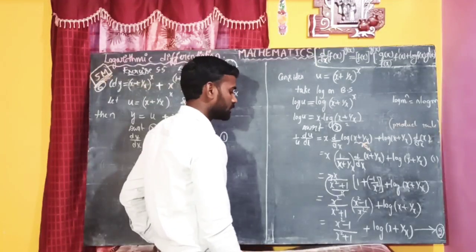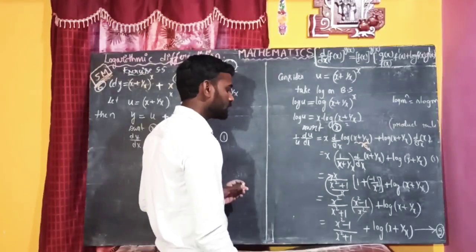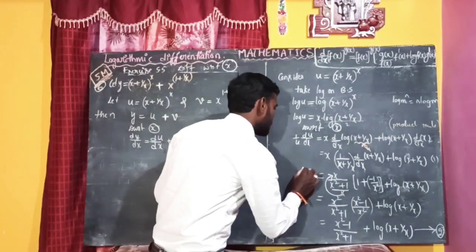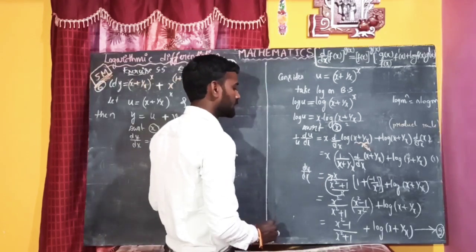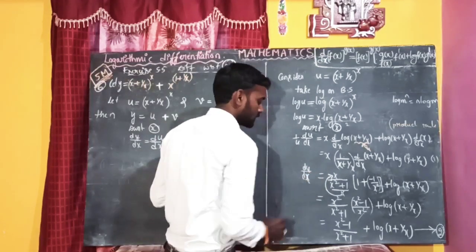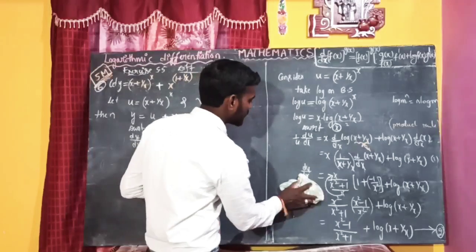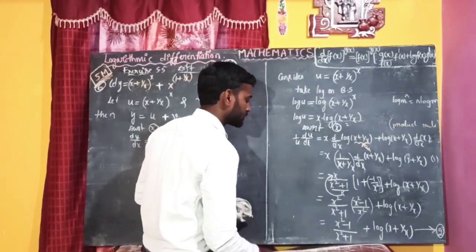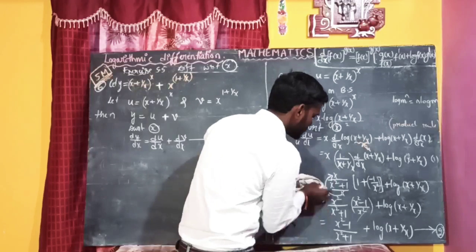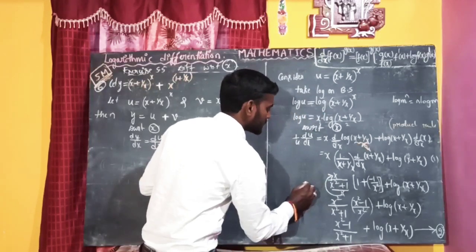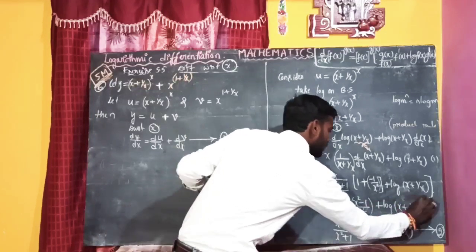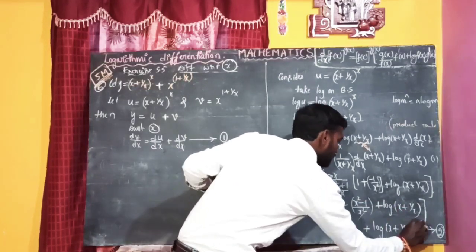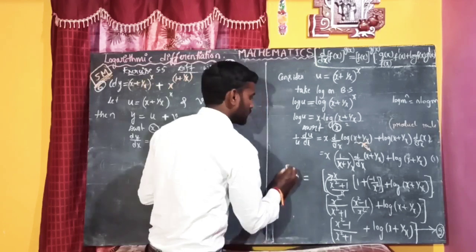Before that, substitute the u value. Then du by dx is equal to this, all of it du by dx. Here this is x, put it in the bracket. Okay guys, this is equal to what?